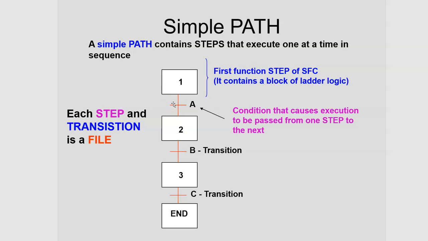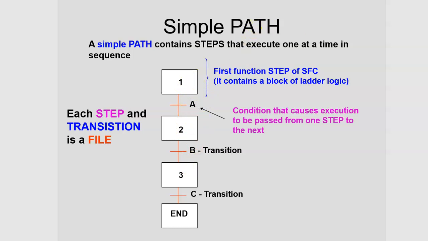If it is not, it'll go back to the beginning and go through it again. If it's okay to transition from 1 to 2, then if that transition is true, it'll go to the next one. And it'll keep doing that all the way down to the end. So a series of steps and transitions is called a simple path.